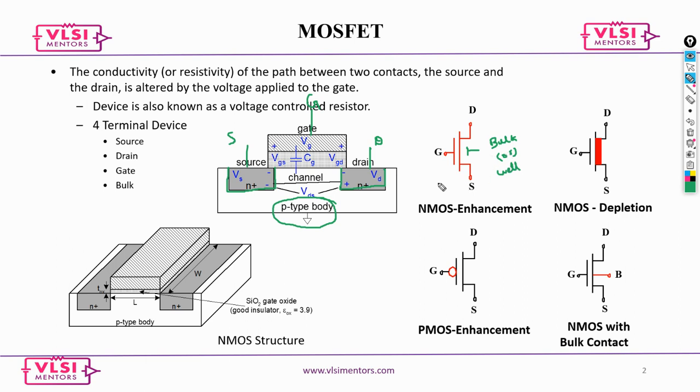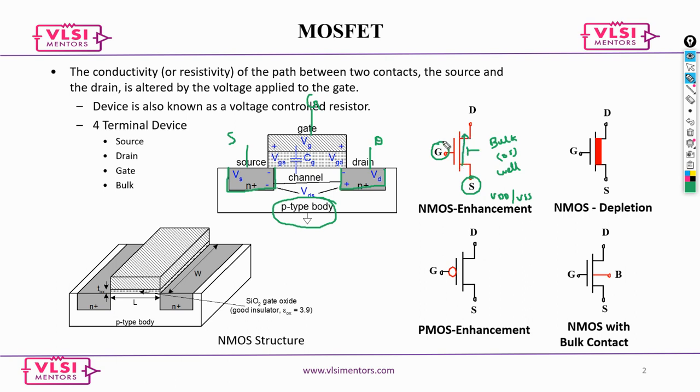Now your source is the main terminal where you connect either to VDD or VSS, depending on your circuit requirement. And gate is the terminal which controls the flow of charge.